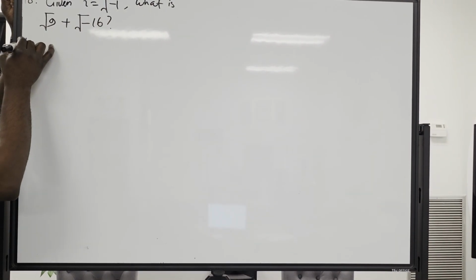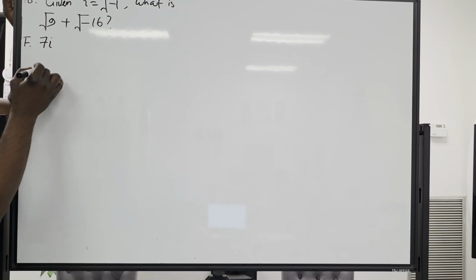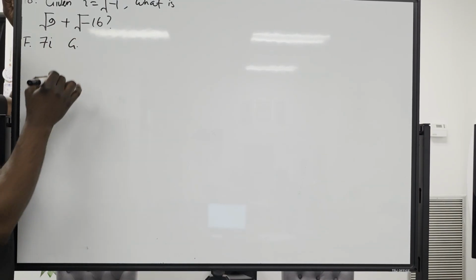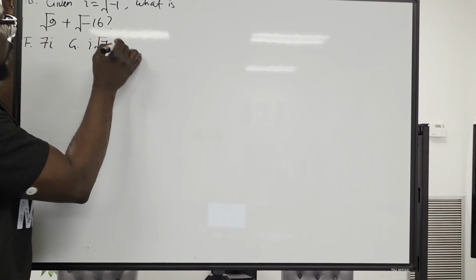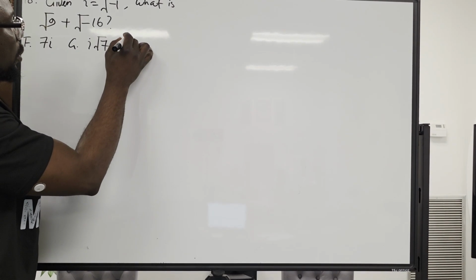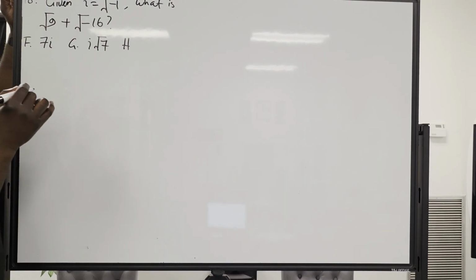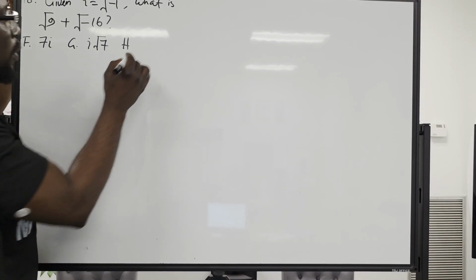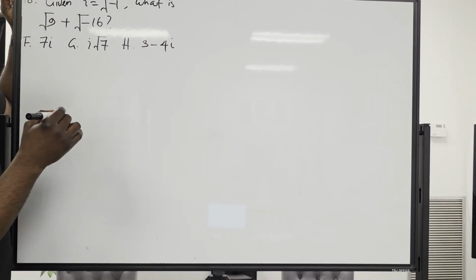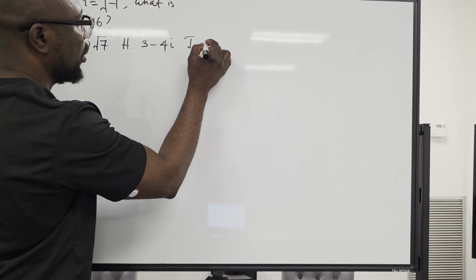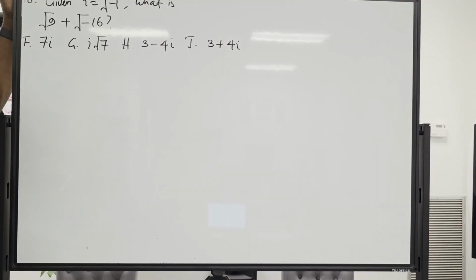Option F is 7i. Option G, i square root of 7. Option H, 3 minus 4i. And option J, 3 plus 4i. So let's solve this real quick.